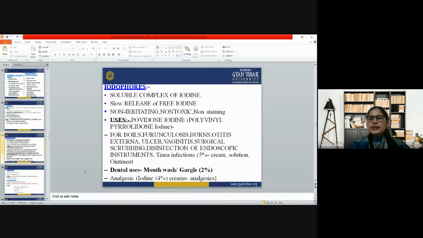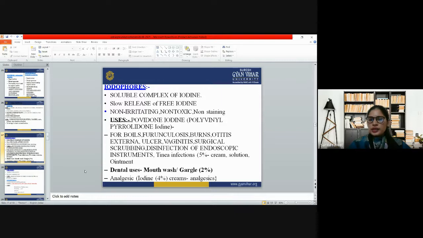They are used for burns and cuts, boils, fungal infections, otitis externa, urethra, vagina, surgical scrubbing, and as a disinfectant for endoscopic instruments.